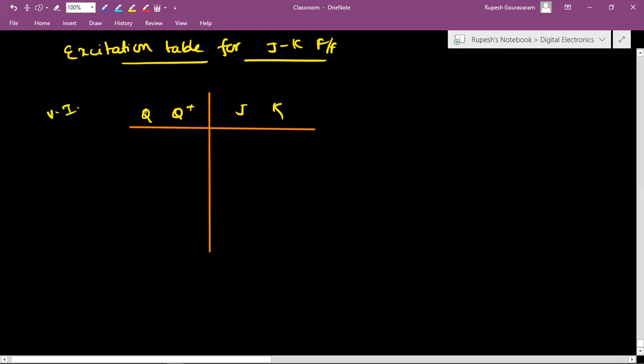Now this is very important for competitive exams. So in the excitation table, what are the four possible states? 0 0, 0 1, 1 0, 1 1.